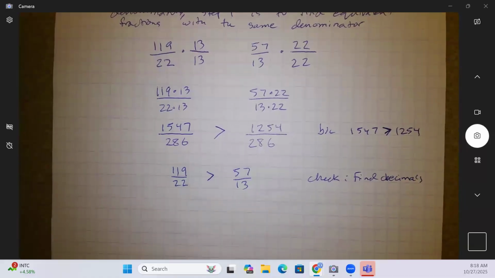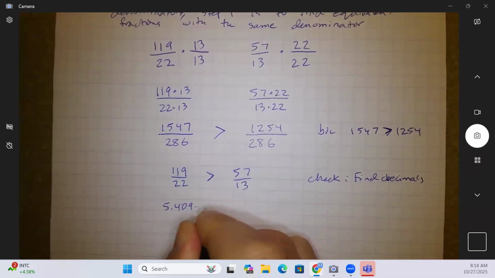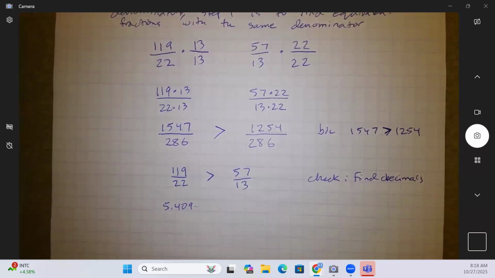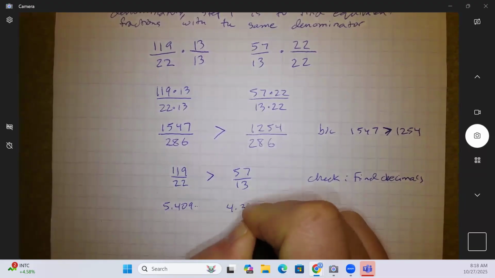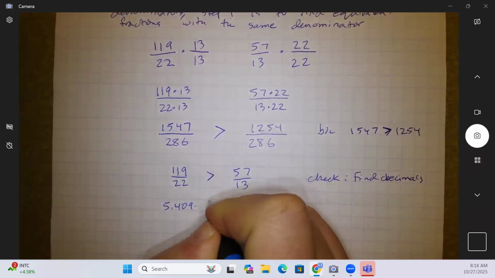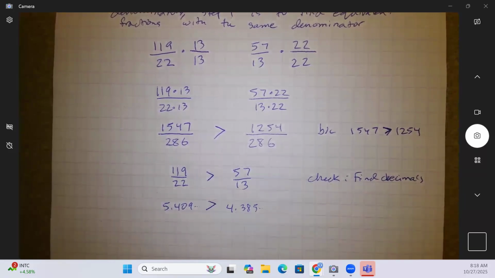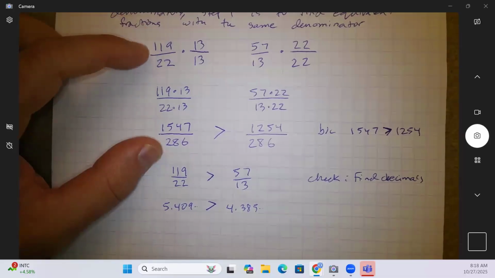We saw that 119 over 22 is 5.409, etc. And 57 over 13 is 4.385, etc. And so, yep, that helps me see that I was correct when I did my arithmetic. So it's a good idea to check. I want you to check with every one of the ones you do on your worksheet, but try really hard to do it by hand first.